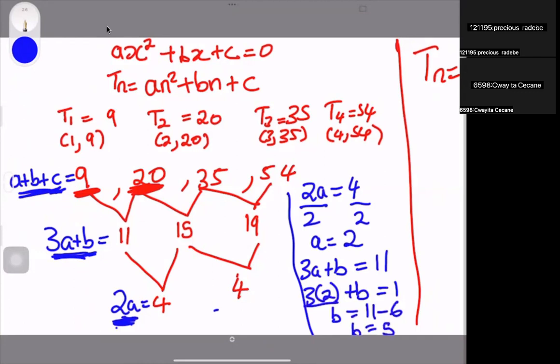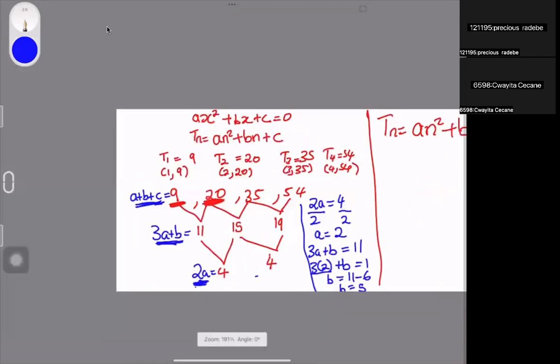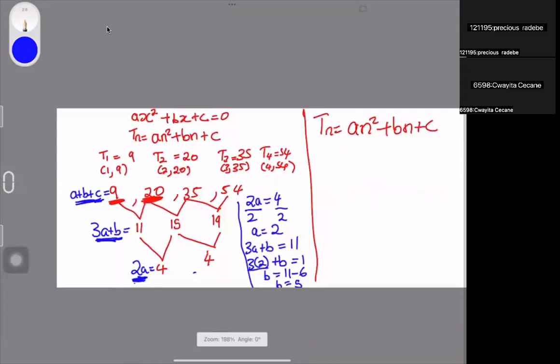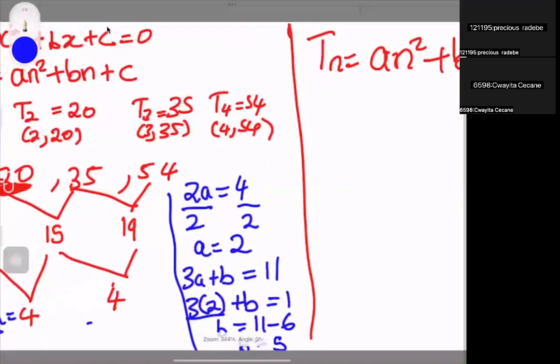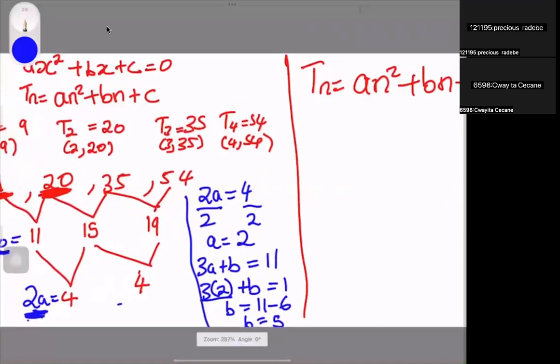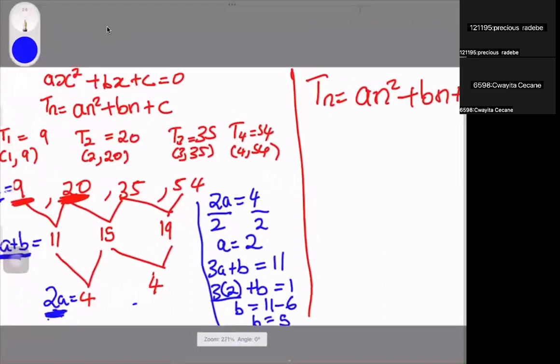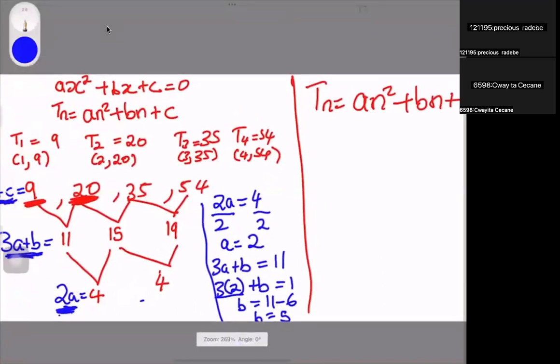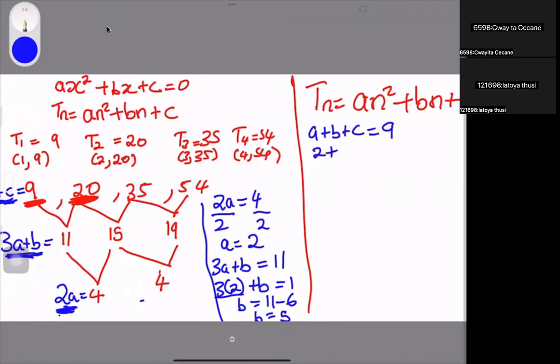And then you've got, sorry guys, you've got a plus b plus c equals 9, the first term of the sequence. a is 2, b is 5, plus c equals 9. So c is going to be equal to 9 minus 7. c is going to be equal to 2, right?